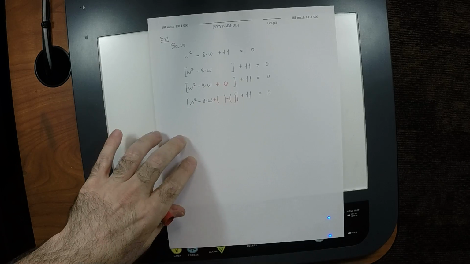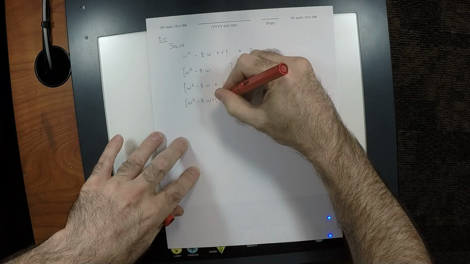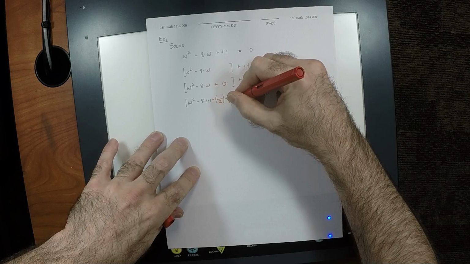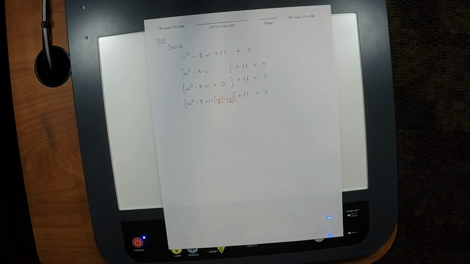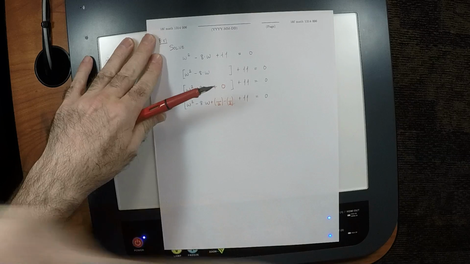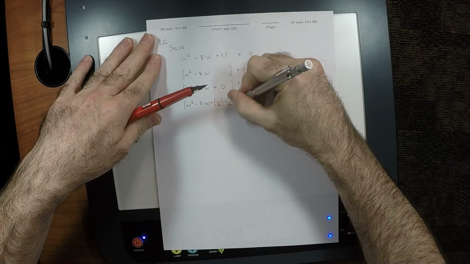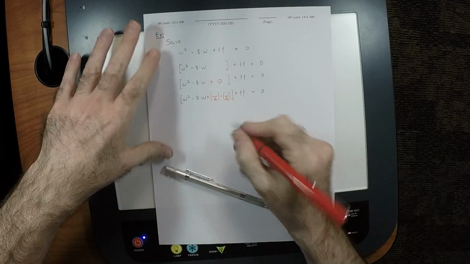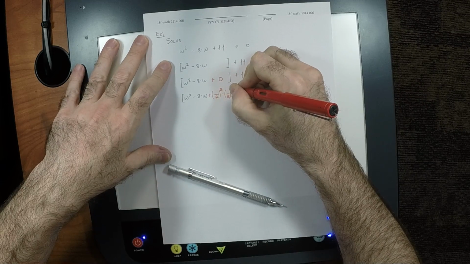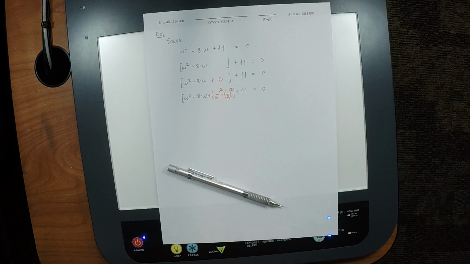And that something is going to look like something over 2. And furthermore, whatever is put in the denominator, we're going to square all that, so we're going to have to square that one too, because we're adding and subtracting the same amount.